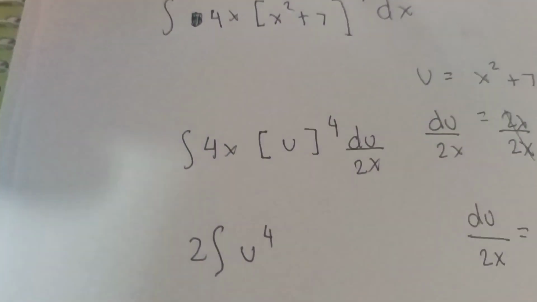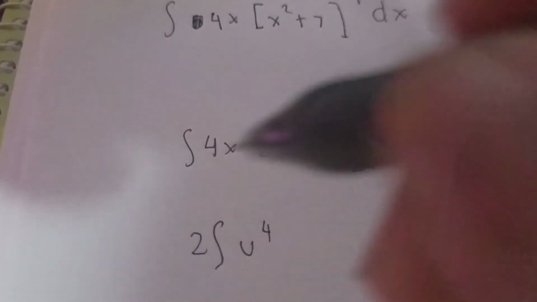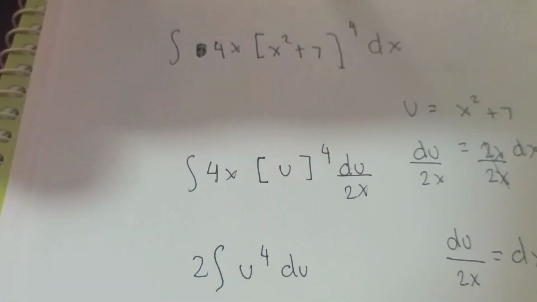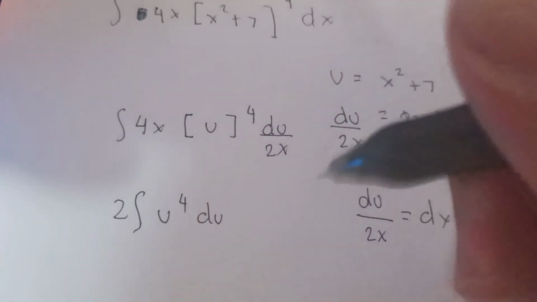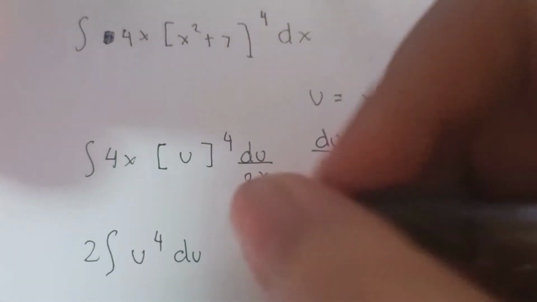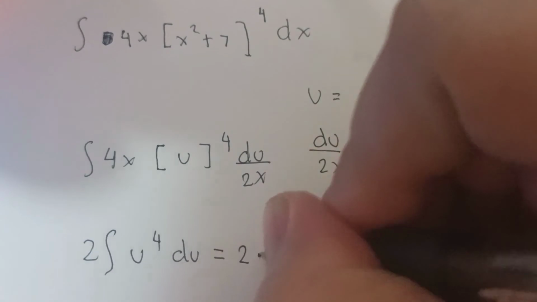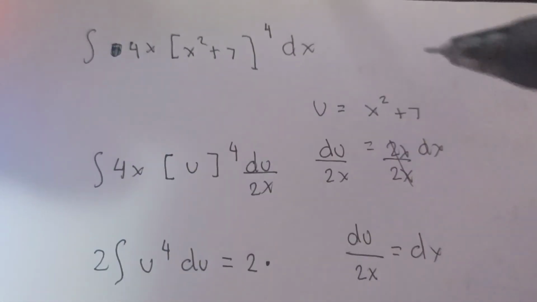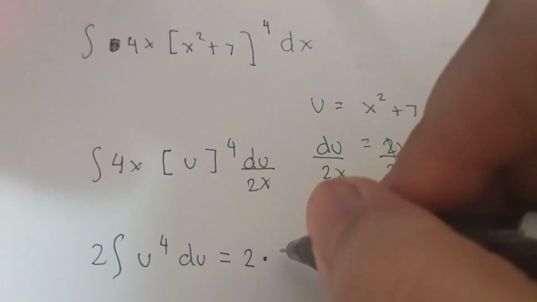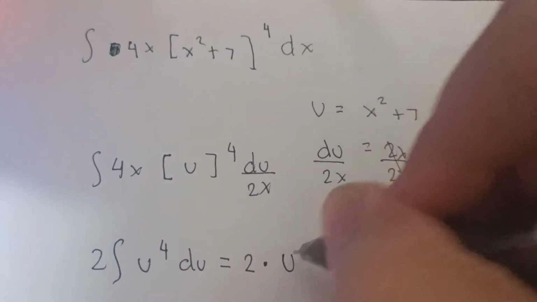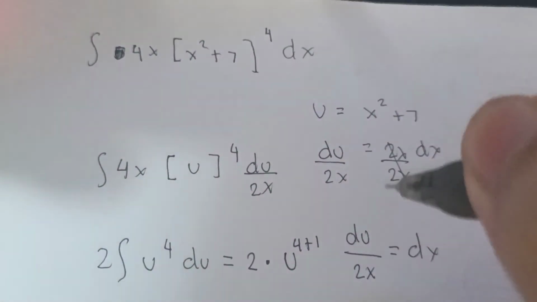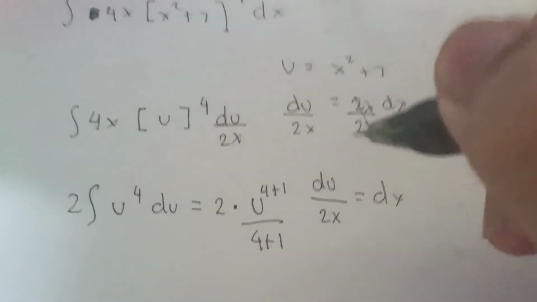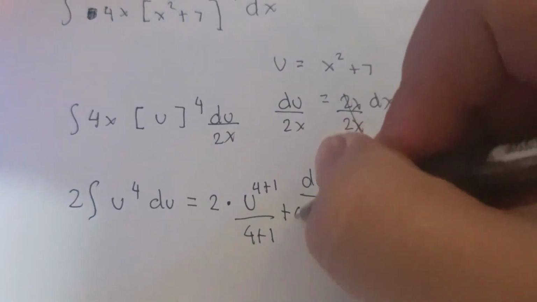Now we have this equation. Just put du here, and then it will become 2 times, using the power formula, which is u to the 4 plus 1, over 4 plus 1 plus arbitrary constant.